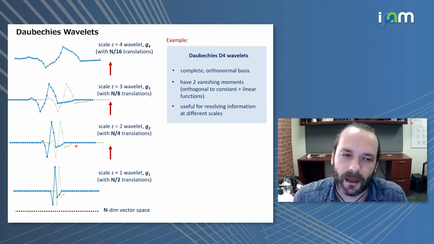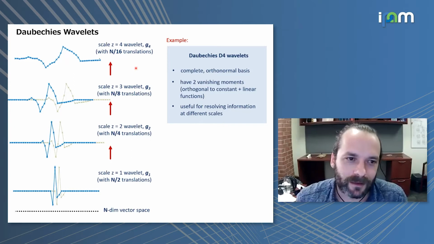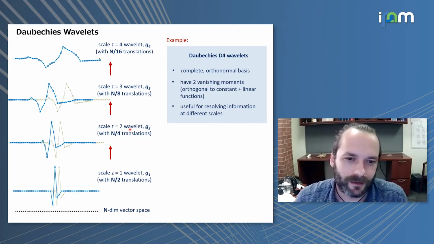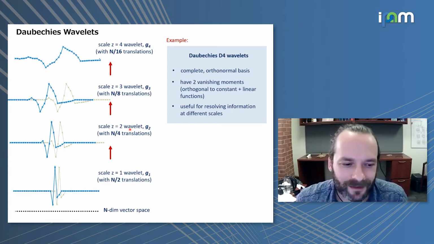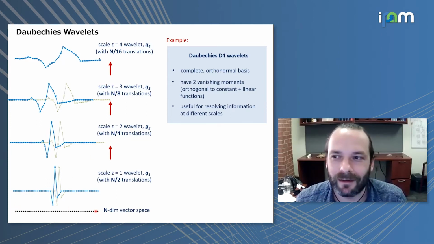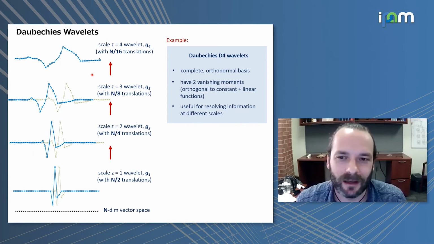This complete set of functions in its entirety represents an orthonormal basis. So it's a unitary change of basis, and any function on the lattice can be represented as a unique linear sum of these wavelets.